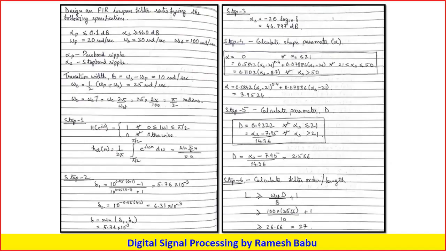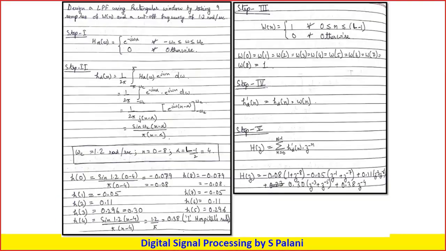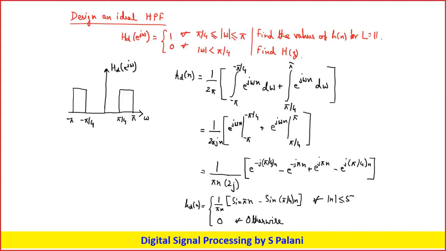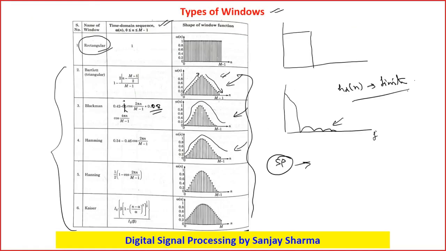If you want to design this filter using the Kaiser window, we have seen how difficult it is, because calculation of the Kaiser parameters is quite difficult. The other windows are pretty much simple.